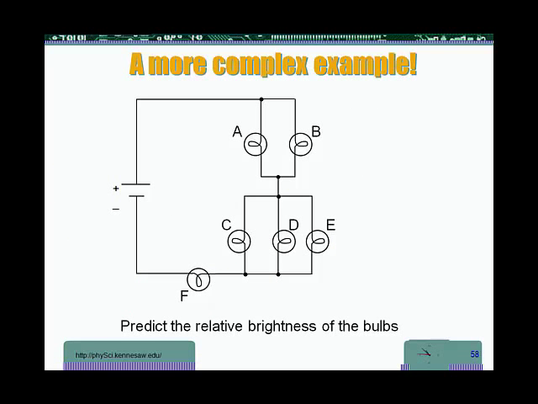Okay. In here, we would like to predict the relative brightness of the bulbs. Notice here, this one is going to have the same current as the battery. However, that current is going to be divided in two here. So F is obviously brighter than A and B. That same current through the battery is going to be divided in 3 here.